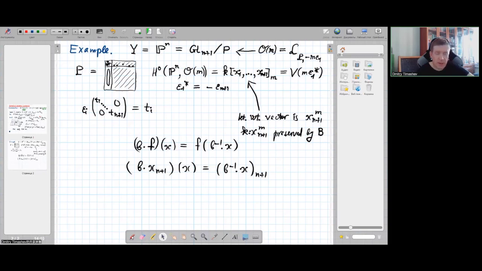Well, this was about line bundles on flag varieties or generalized flag varieties. But what if we take an arbitrary homogeneous variety? In general, the representation of a reductive group G on the space of sections of a line bundle over a homogeneous variety, say G mod H, is reducible.